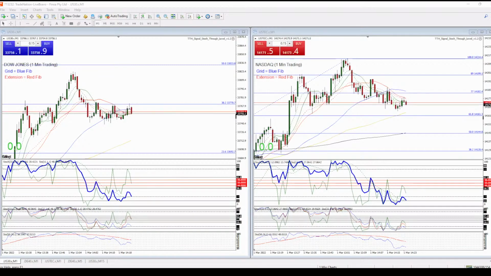Separation short triggered, but it's not valid. Still aiming for this 89 moving average on US Tech 1 minute.